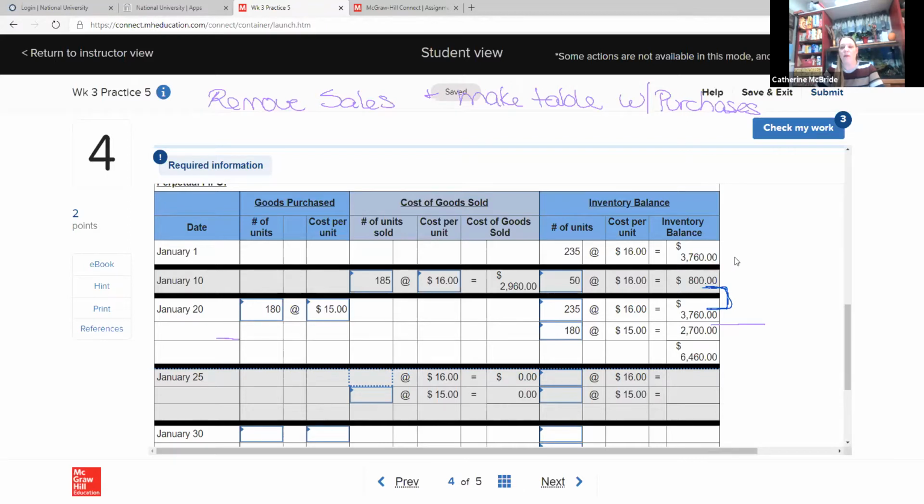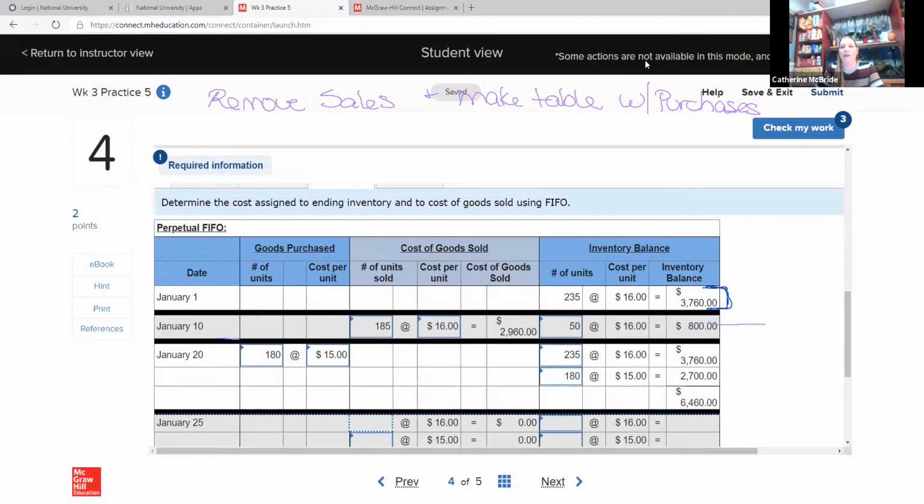So this is now my layer. I'm not worried about the one above it. Now this is my layer. Everything is going to go off of this layer.